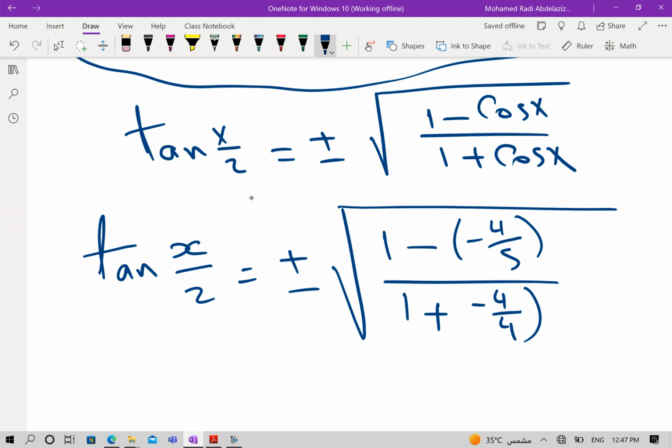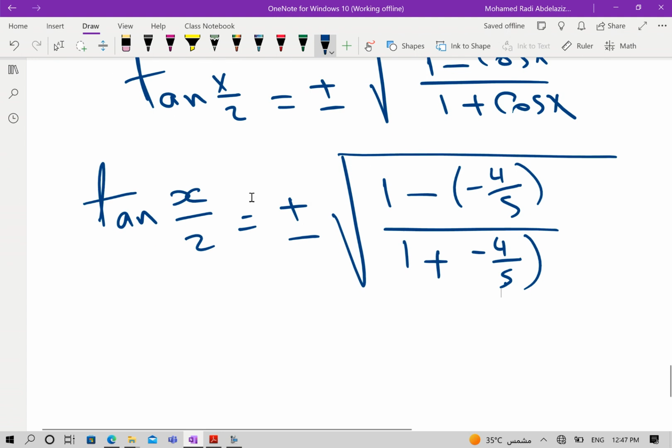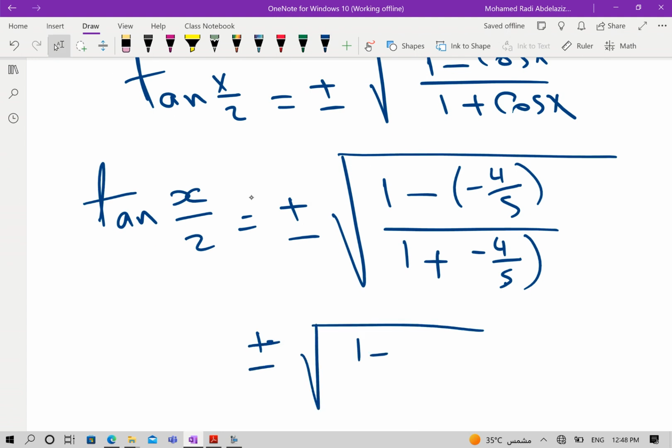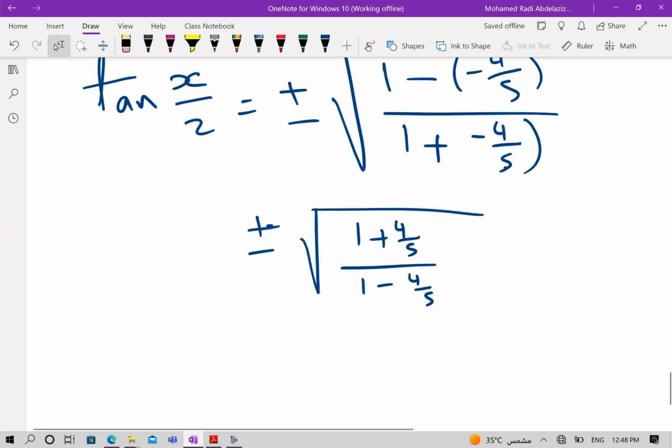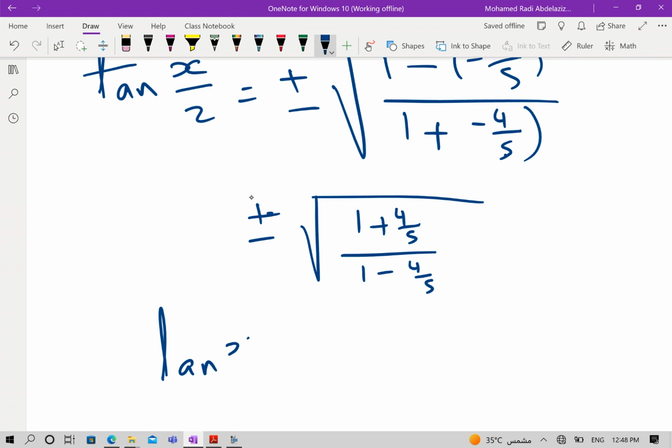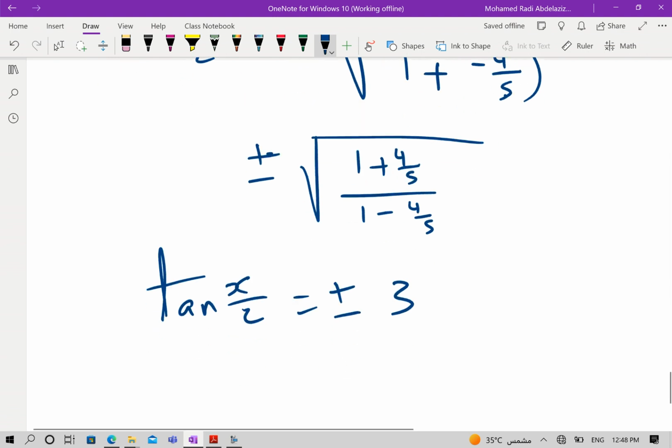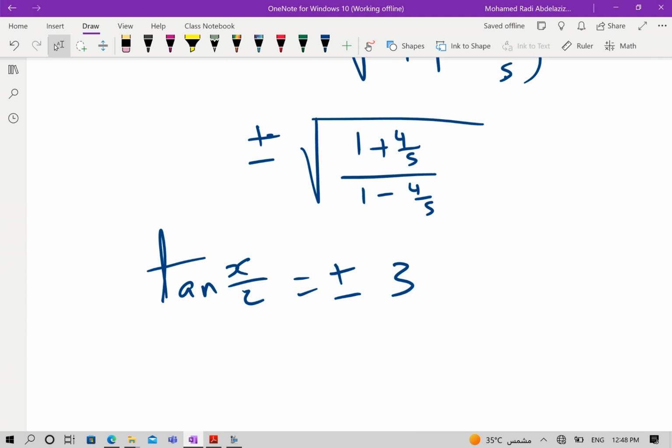Give me the final answer, please. 1 plus 4 over 5 divided by 1 minus 4 over 5. The answer is tan x over 2 is positive or negative 3. Which is accepted, which is rejected? I explained this part.